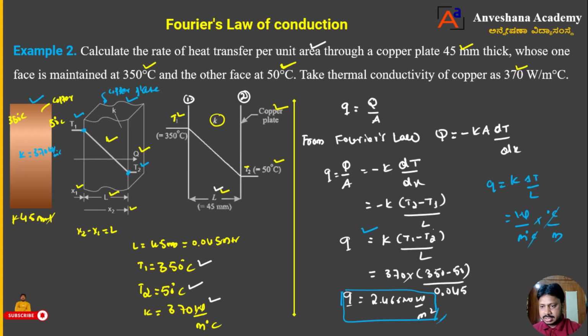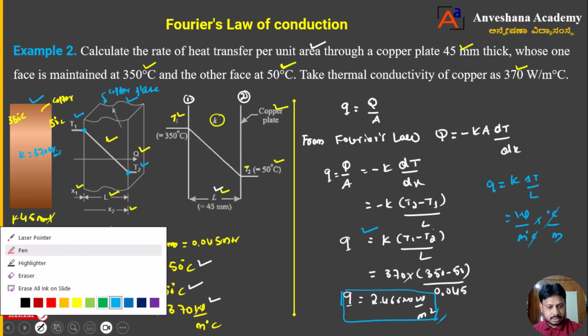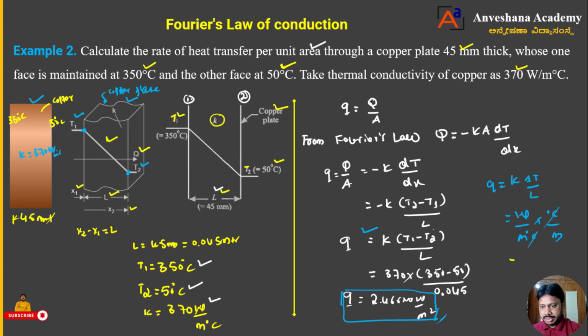Degree Celsius will get cancelled. Then at the numerator you get watt, and at the denominator meter into meter, a meter square. Hence the heat flux, the rate of heat transfer per unit area, small q, is equal to 2.466 megawatt per meter square, dear students.